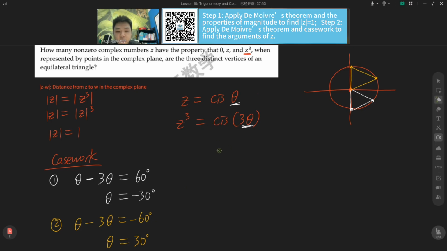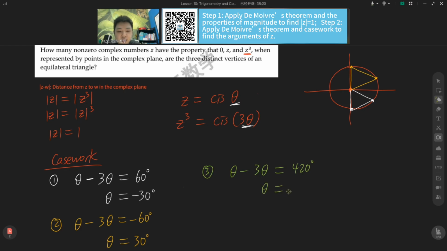And for a third case, actually, we have theta minus 3 theta. We can just add upwards. 其实我们可以往上加。If it's gonna be 60 plus a multiple, that's 420. And then this is gonna be negative 2 theta equals 420.